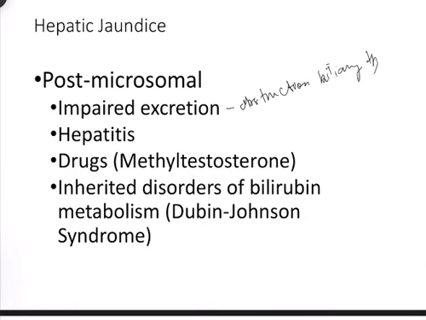Then drugs also. Methyltestosterone can occlude your release of bilirubin. Inherited disorders of bilirubin metabolism such as Dubin-Johnson syndrome. Hepatitis can also cause post-microsomal jaundice due to occlusion or obstruction of the hepatobiliary tract.